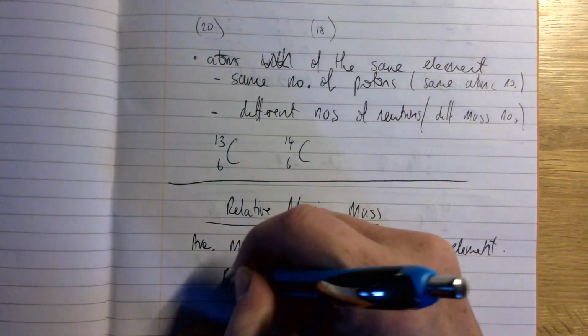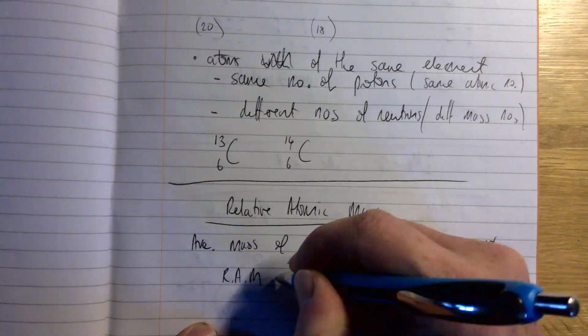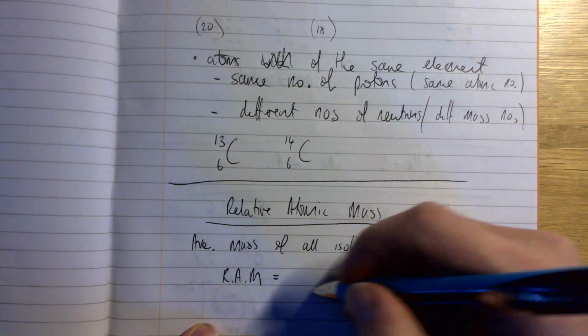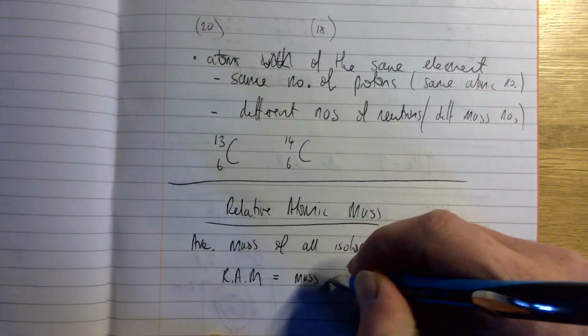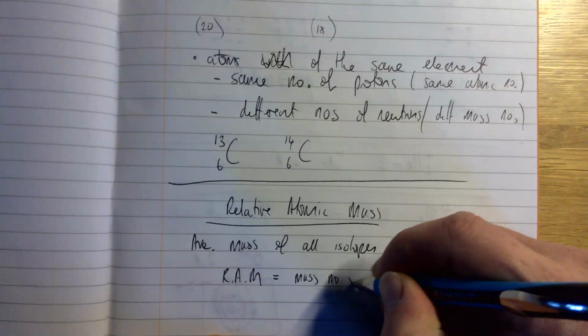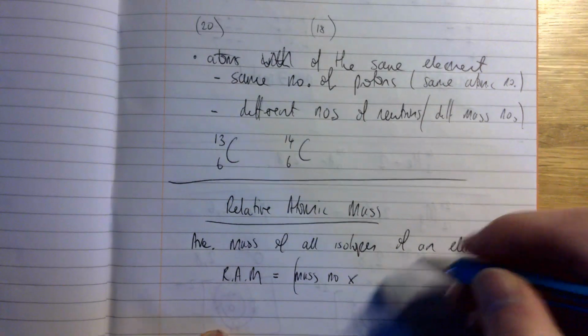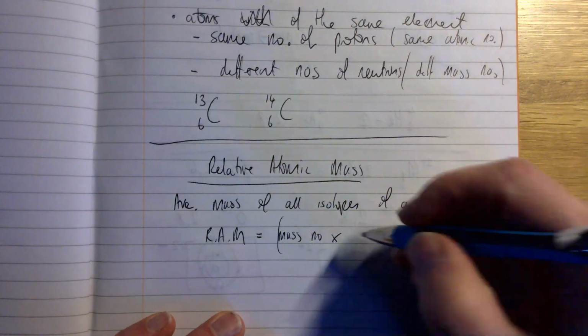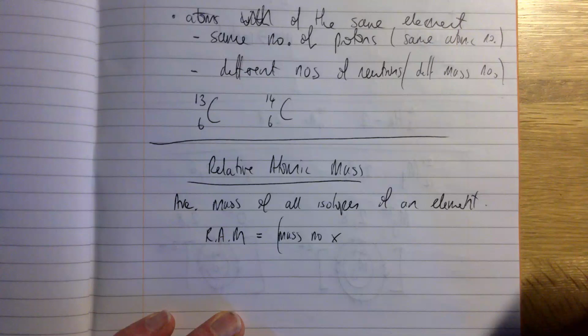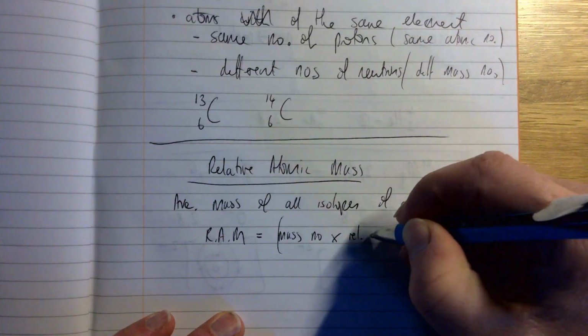And so the RAM, we calculate that by doing the mass number of one isotope times its percentage abundance, or times its relative abundance, depending on what information you're given. Let's say it was 75. I'll do an example underneath.